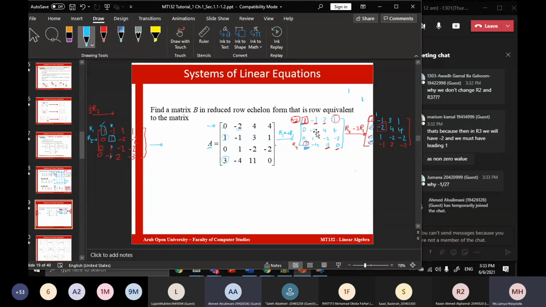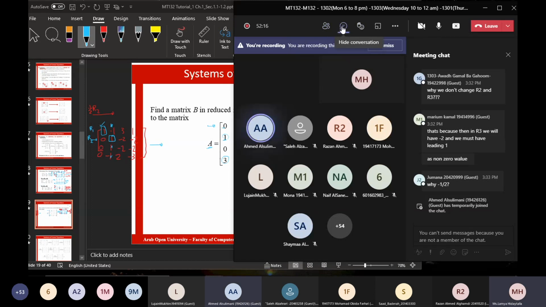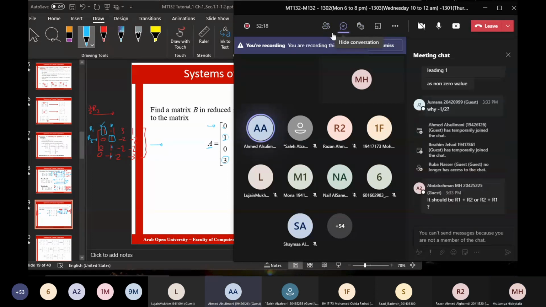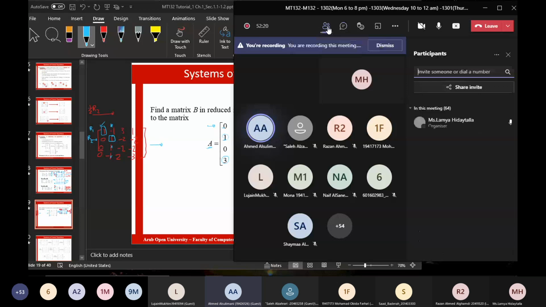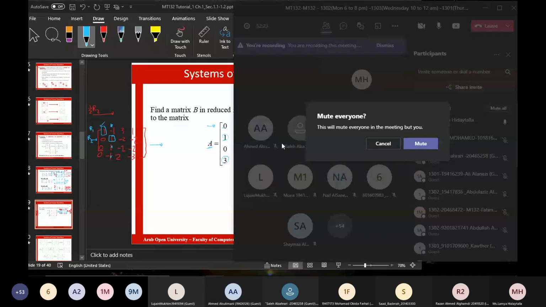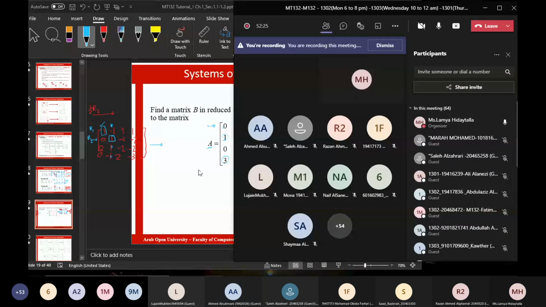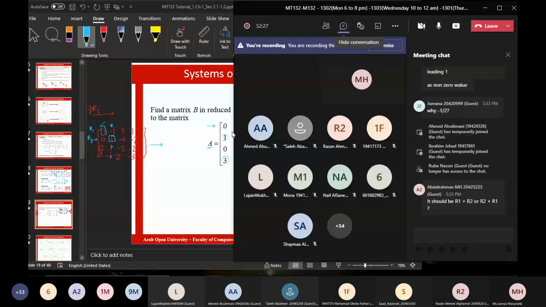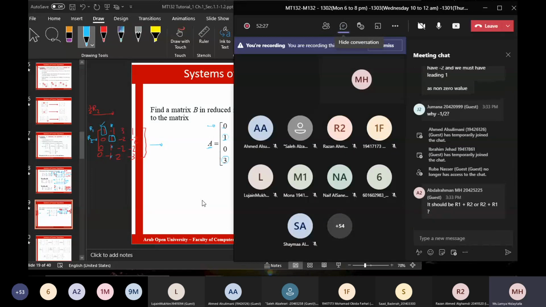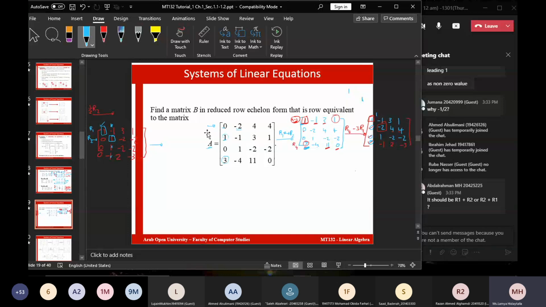So when we divide over minus 2, this becomes 1, correct? Always when we write, it's better you start with the row that you want to change.